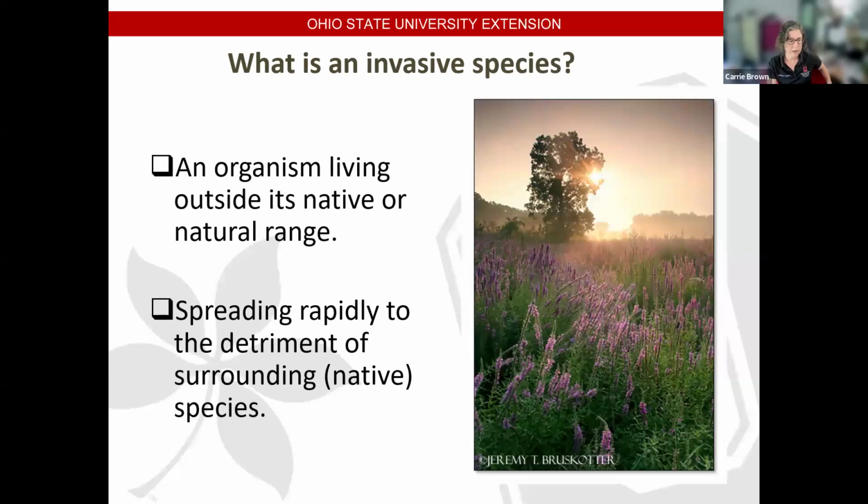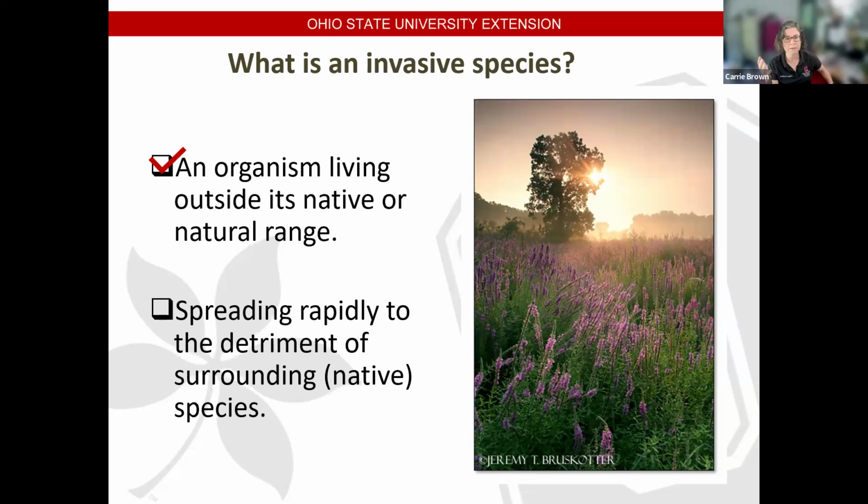So there are two criteria that must be met. You have to have an organism living outside of its native or natural range. A plant such as poison ivy, for instance, could not be considered invasive because it may be aggressive, and in some environments it definitely is aggressive, but it is native to this area, so it is growing within its native range.